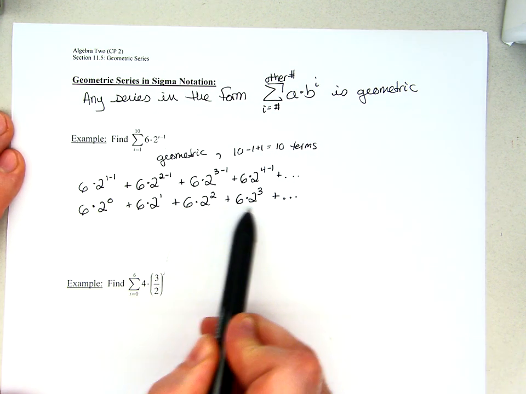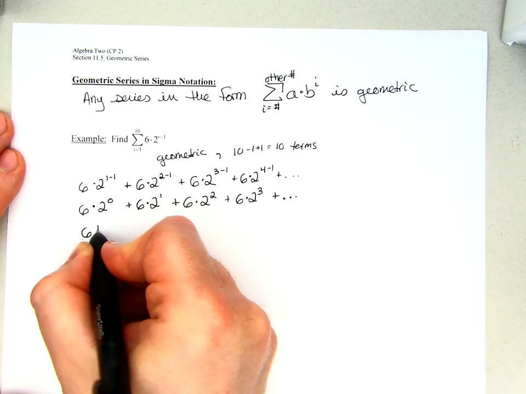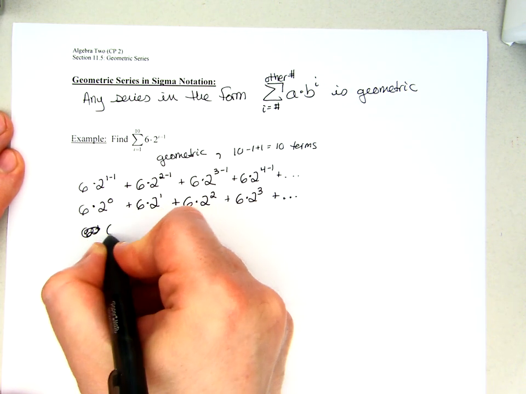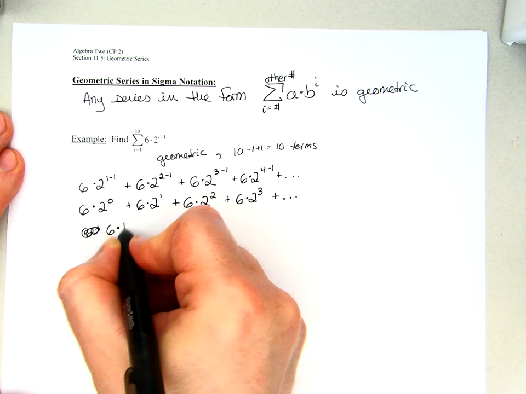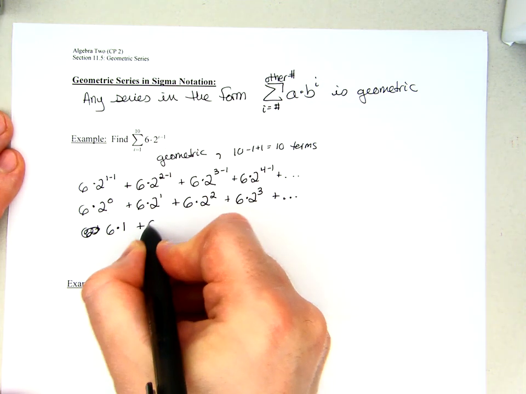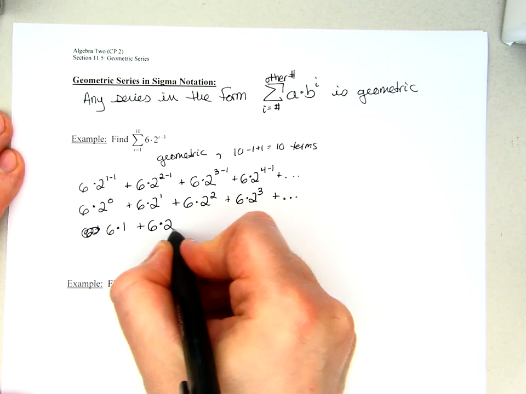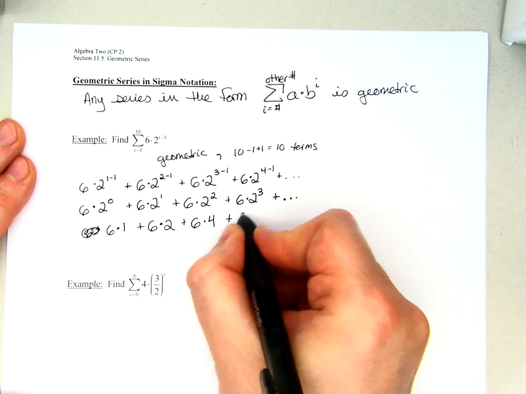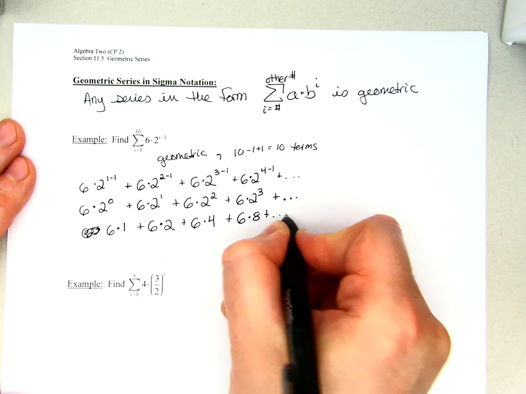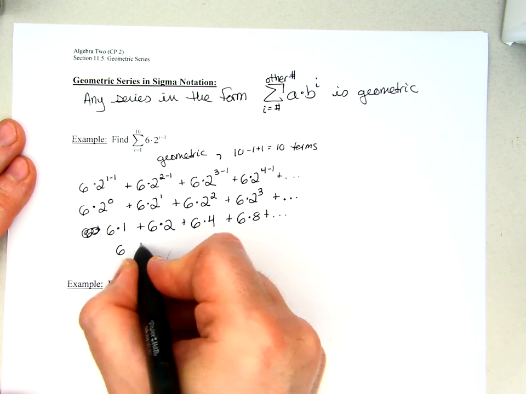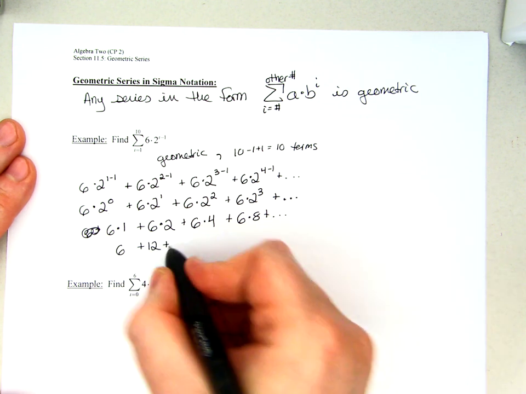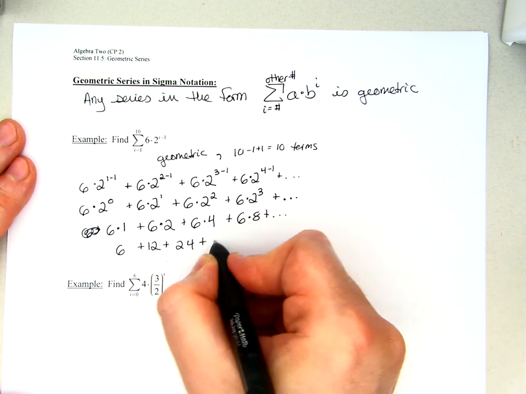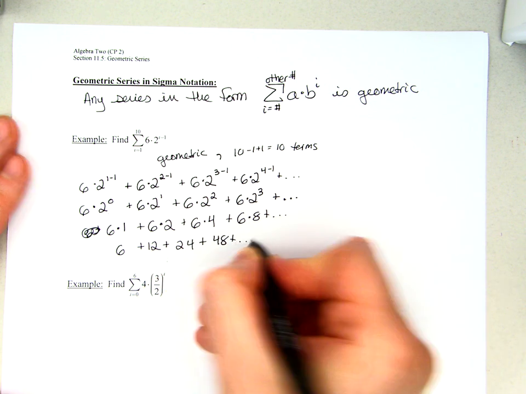Then we need to figure out these 4 things. 6 times 2 to the 0, that's just 1, so 6 times 1. 2 to the first is 2. 2 to the second is 4. 2 to the third is 8. This is going to give me 6 plus 12 plus 24 plus 48 plus dot, dot, dot.